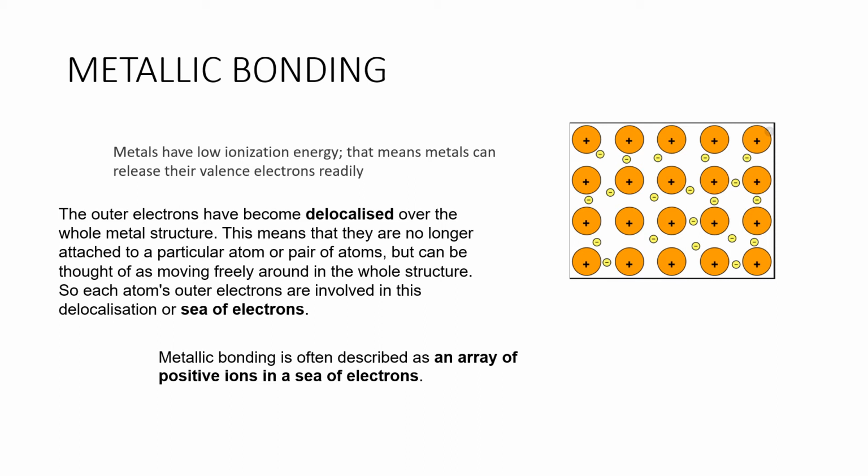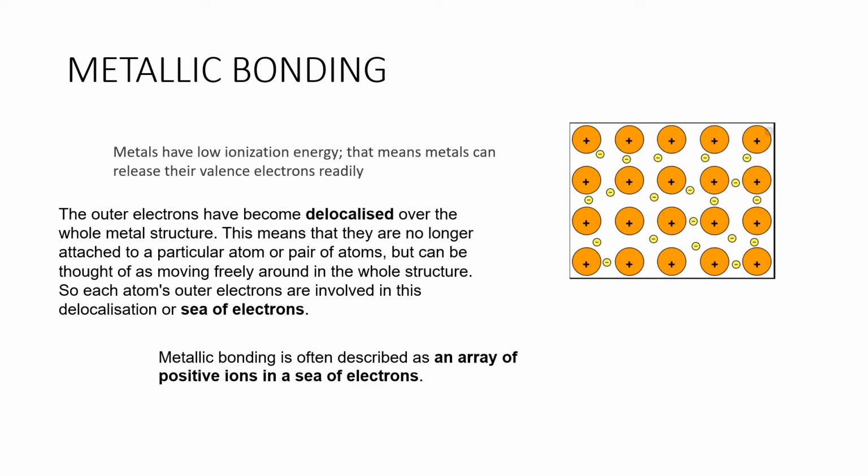So after the electron is released, the atom becomes positively charged, and the outer shell electrons have become delocalized, not staying in one place or in one atom, but moving around all the atoms here, so not bonded specifically to one atom.